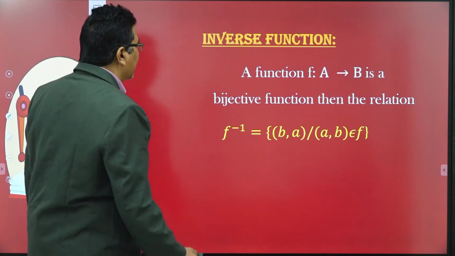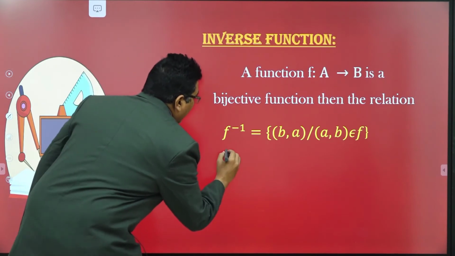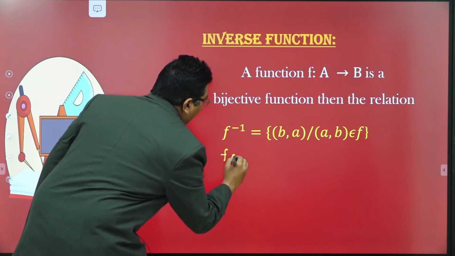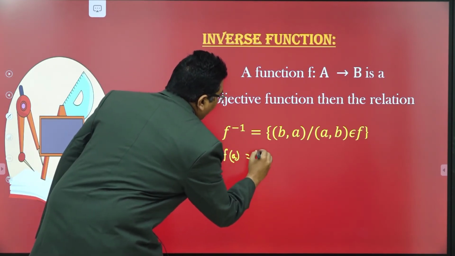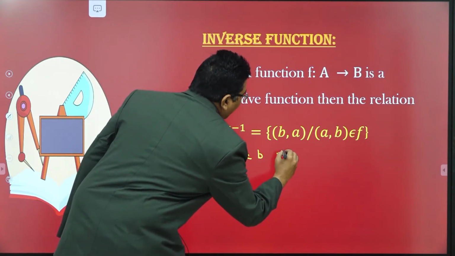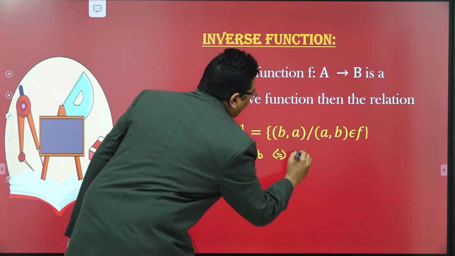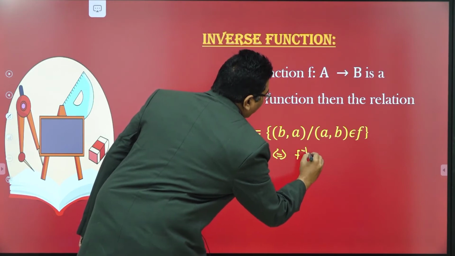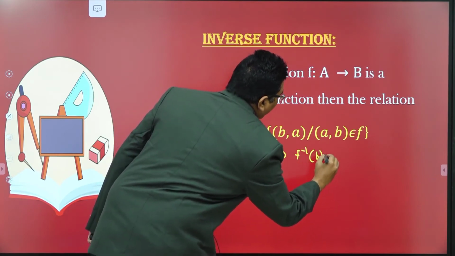This means that f of a is equal to b if and only if f inverse of b is equal to a.